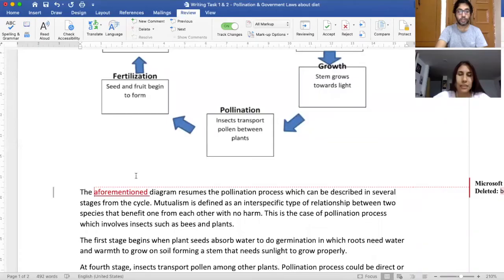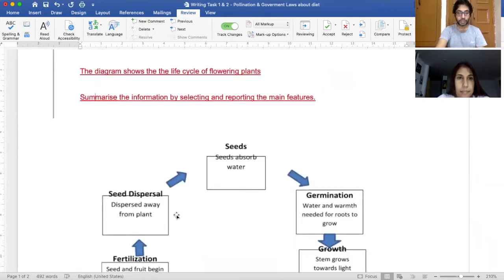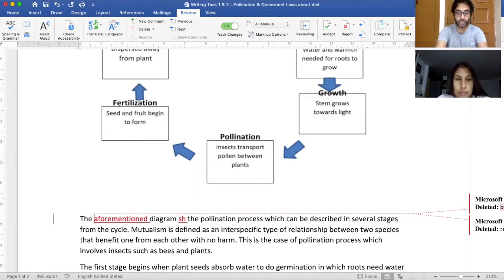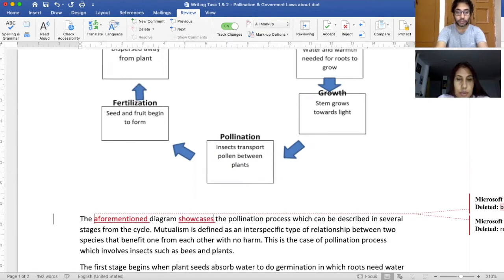Okay. So the first one, the aforementioned diagram, no, the one above. And why did you write the question? So it just does not resume, no, showcases, not only the pollination process, other things also.